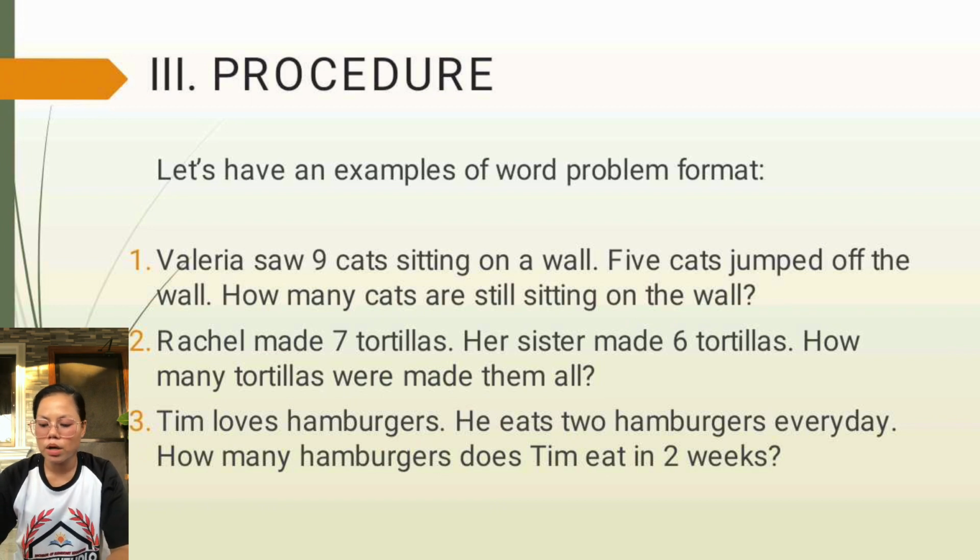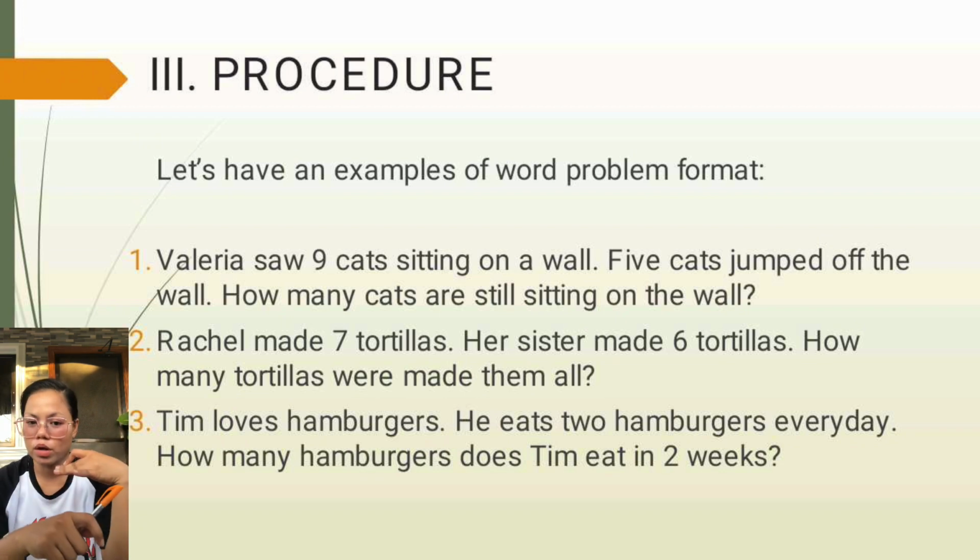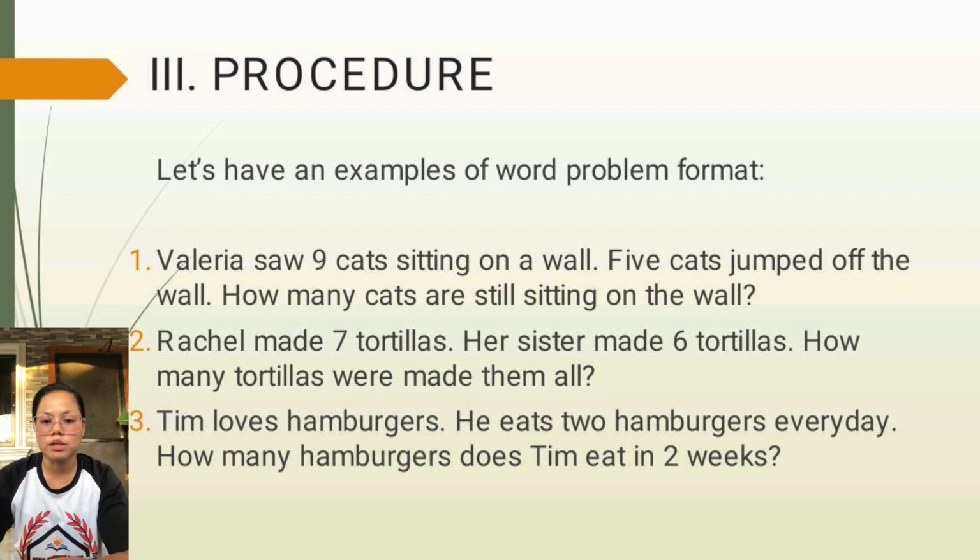So, ang duha ka semana ato isa i-convert into days. So, pila man ka days ang naa sa usa ka semana? We have 7. Kaya nga naman, Lunes, Martes, Merkules, Huwebes, Biyernes, Sabado, Domingo. Muna ang 1 week. So, 2 weeks man ang gipangutana. So, 7 plus 7 equals 14.